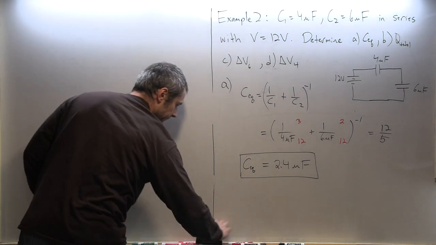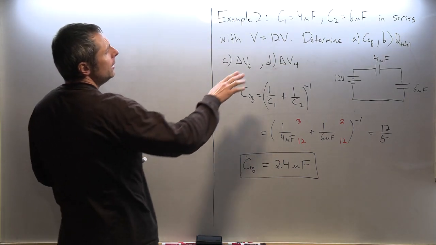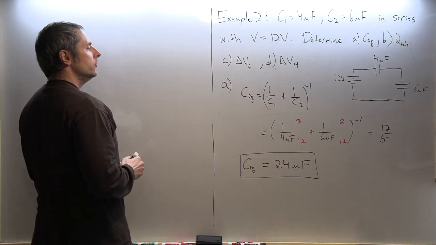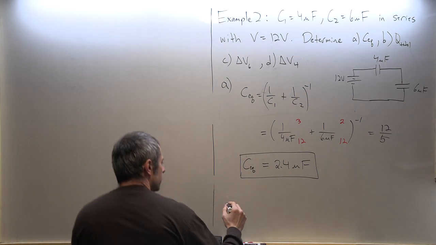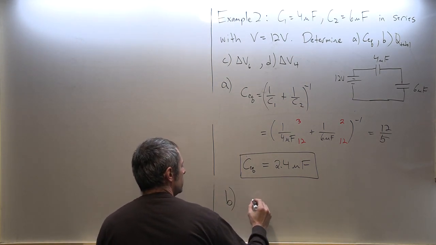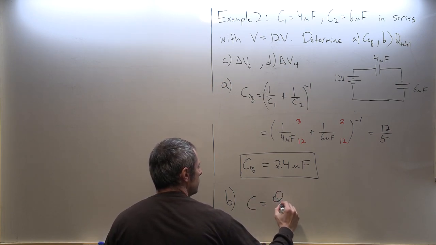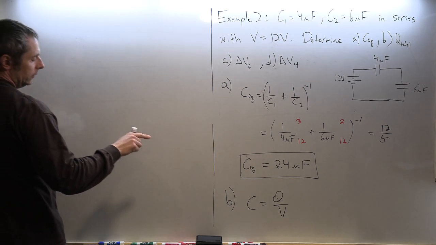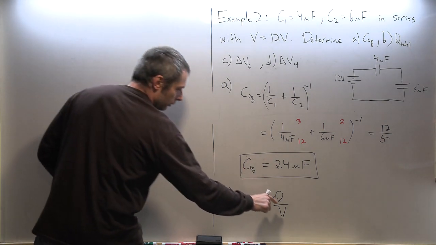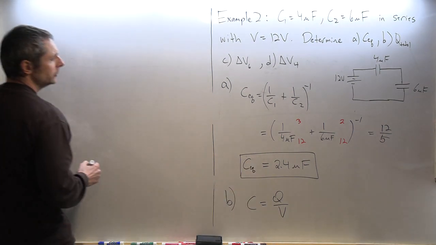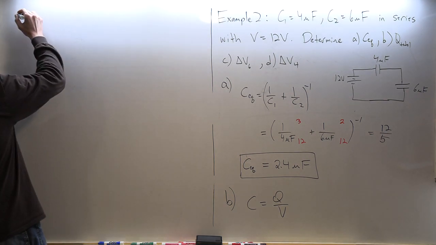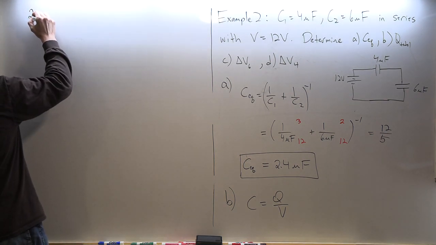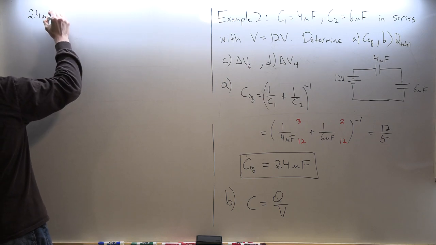Okay, the next thing I want to do is find the total charge. Once again, I can use C equals Q over V, as long as I use the total capacitance and the total voltage. I'll get the total charge. The total capacitance is 2.4 microfarads.